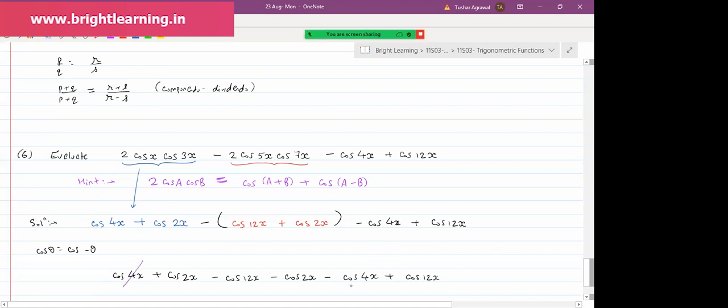Cos 4x minus cos 4x, cos 2x minus cos 2x, and minus cos 12x, addition cos 12x. So final answer 0. Is it clear? So just a simple use of identity, nothing more.